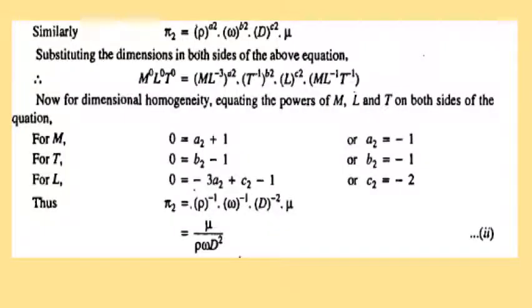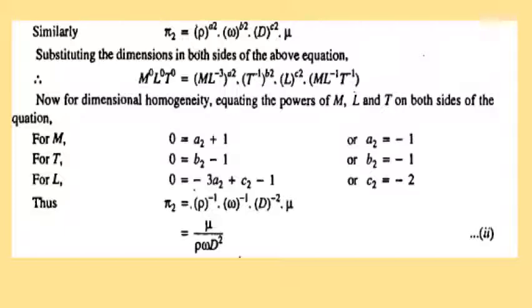Now, similarly, equating the second phi 2 term. The phi 2 term is taken as rho, omega, and diameter. These are the repeating variables. The next term is mu. In the first phi 1 term, the efficiency is taken. In the second phi 2 term, the remaining one is mu, that is dynamic viscosity. Give the powers for these repeating variables as A2, B2 and C2.